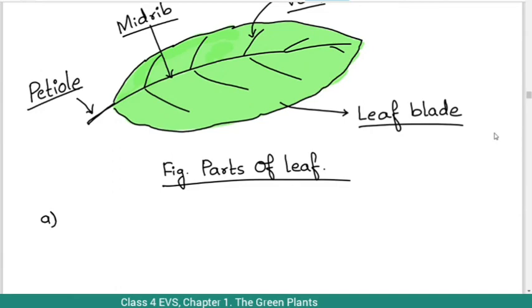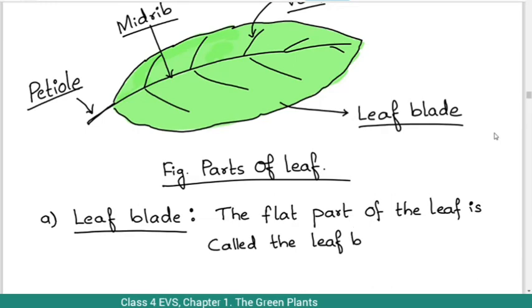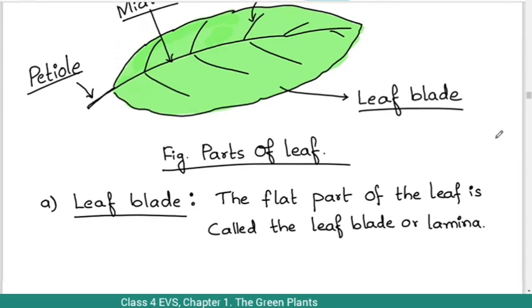In the question it is given that explain the parts of leaf. First one is leaf blade. So what is leaf blade? It is the flat part of the leaf. The flat part of the leaf is called the leaf blade or lamina.